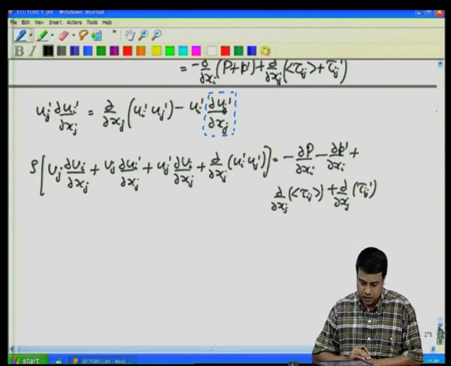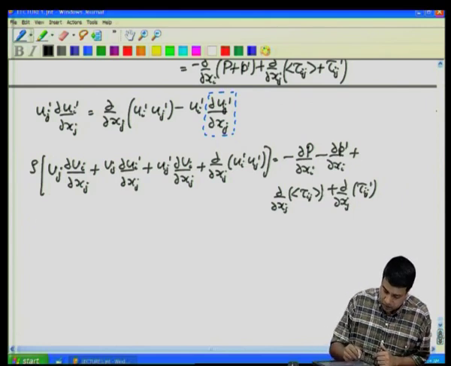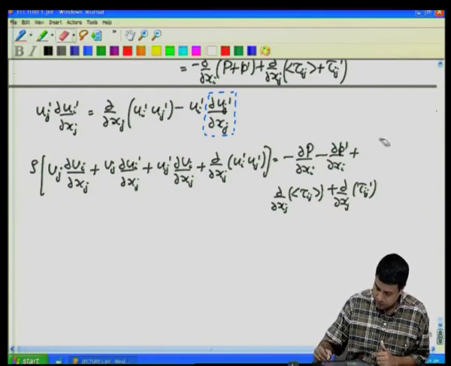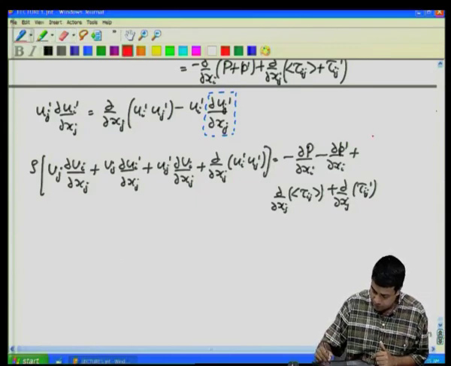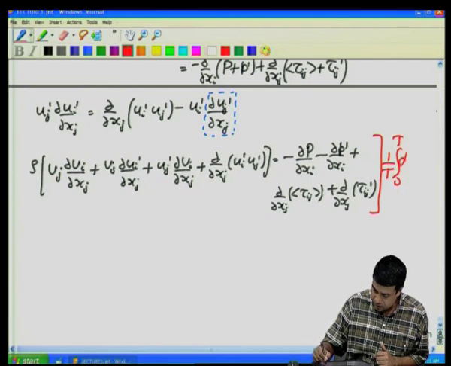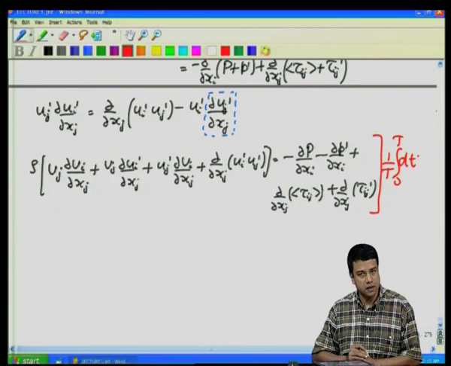Okay. And now what you do is you do the average, that is you take this entire equation and you do the integral for this entire equation. You do 1 over T integral 0 to T dt of the entire equation.